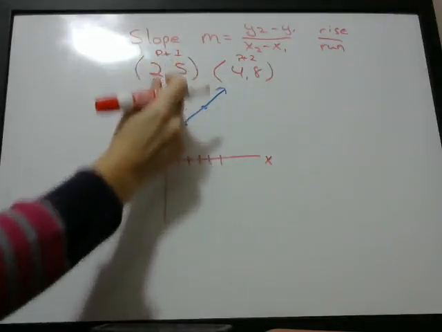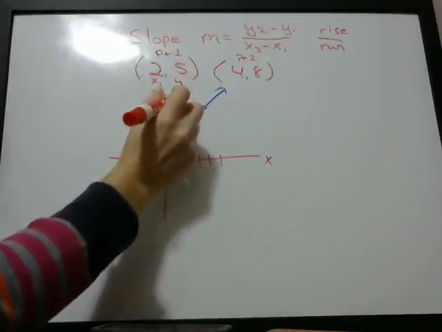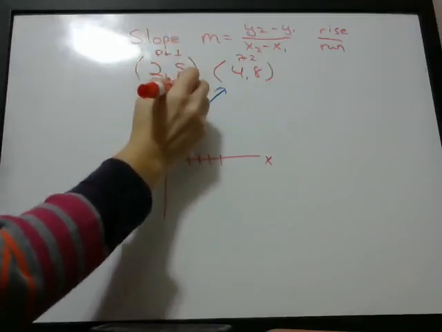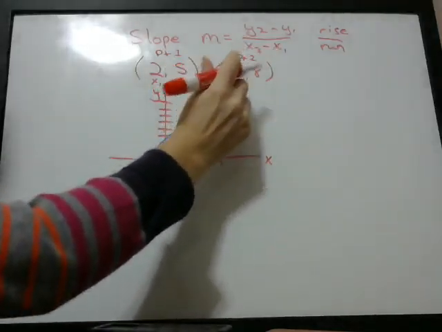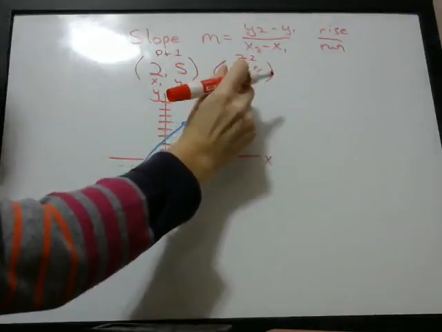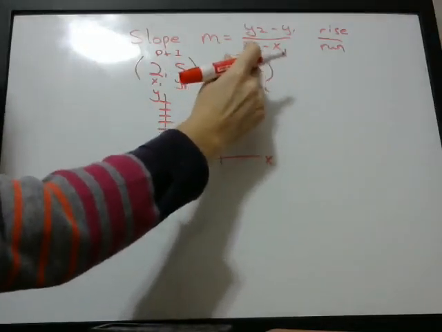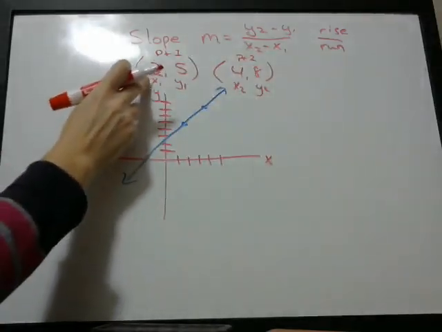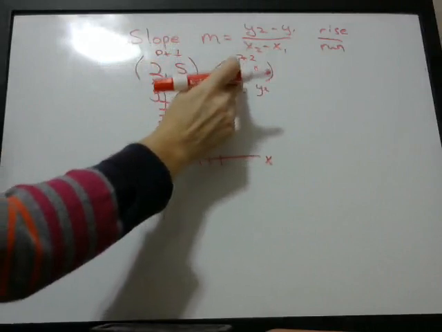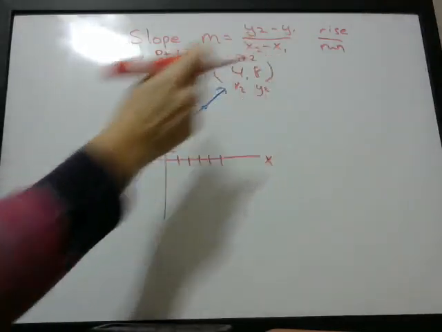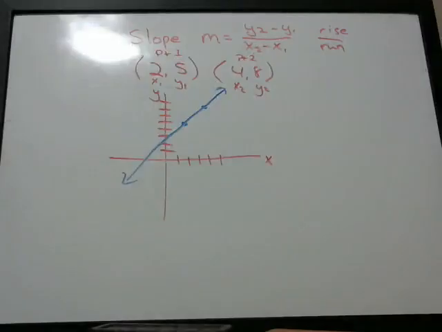It's how many spaces we move up and down on the y line. Since we're calling this point 1, we're going to call that y1. Here's point 2. So this is x2 because it's point 2, and y2 because it's the y component and it's point 2. So we have x1 is equal to 2, y1 is equal to 5, x2 is equal to 4, y2 is equal to 8. So you just label the numbers in your 2 points.